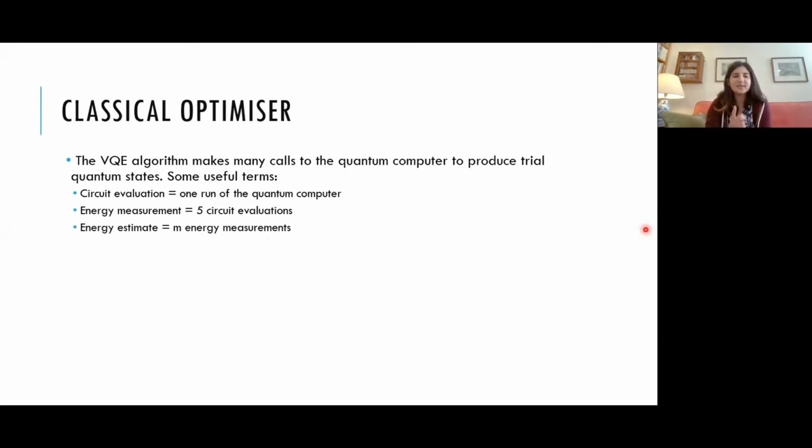To get 1 measurement of the energy, we need to do 5 circuit evaluations. And then to get 1 estimate of the energy, we need to do M energy measurements. This M needs to be quite big if you want really accurate answers.